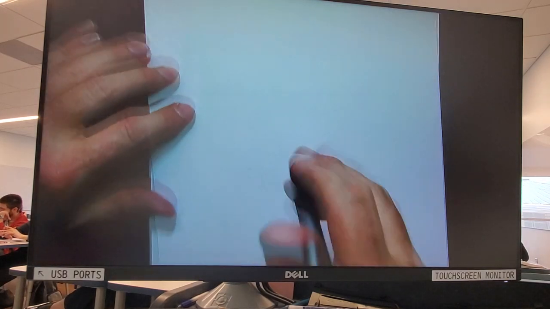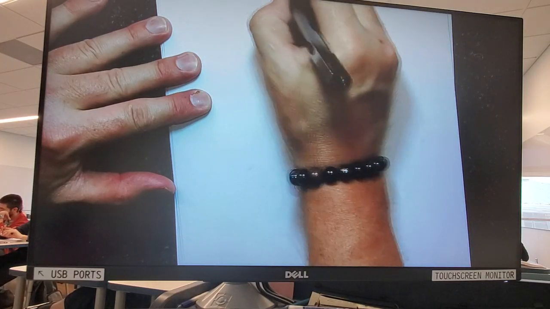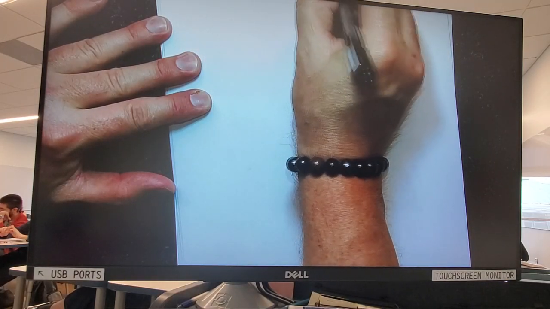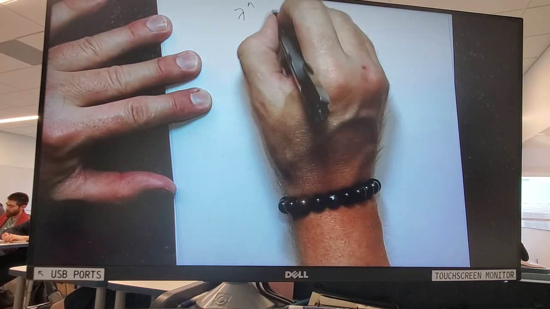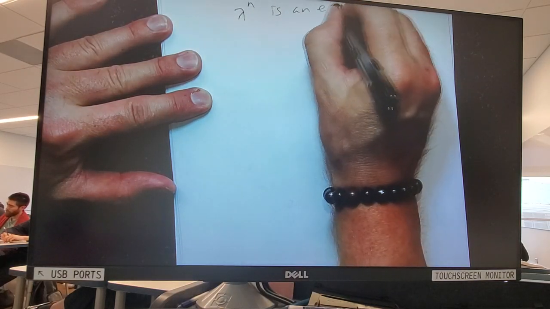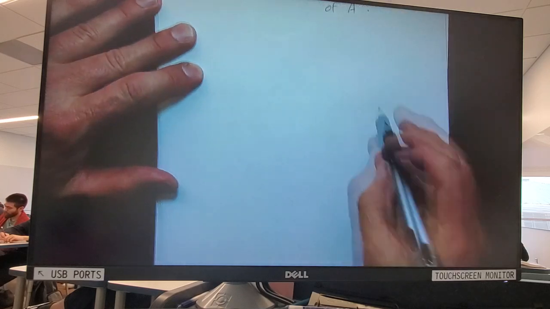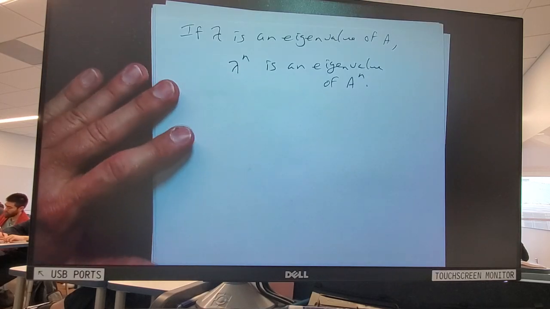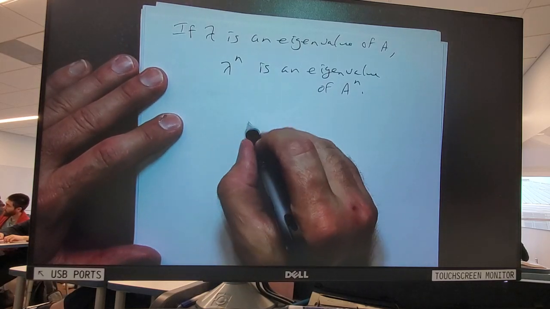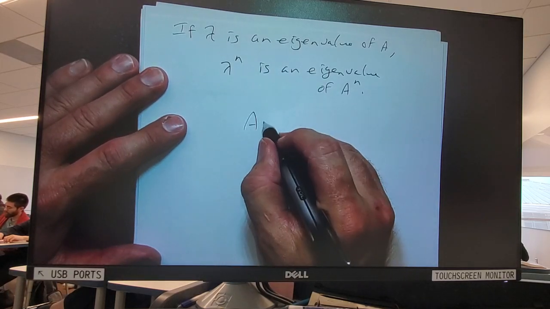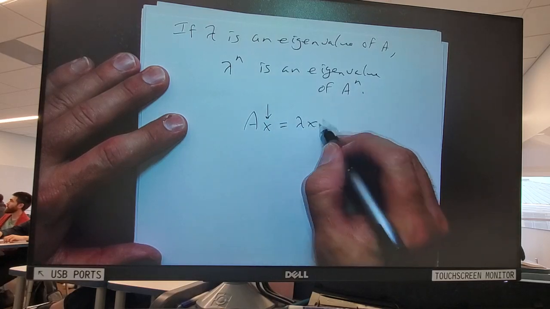Just a very quick side note here. If lambda is an eigenvalue of A, lambda to the n is an eigenvalue of A to the n. In a way that's kind of silly, because what's Ax? If x is an eigenvector, it would be lambda x, correct?